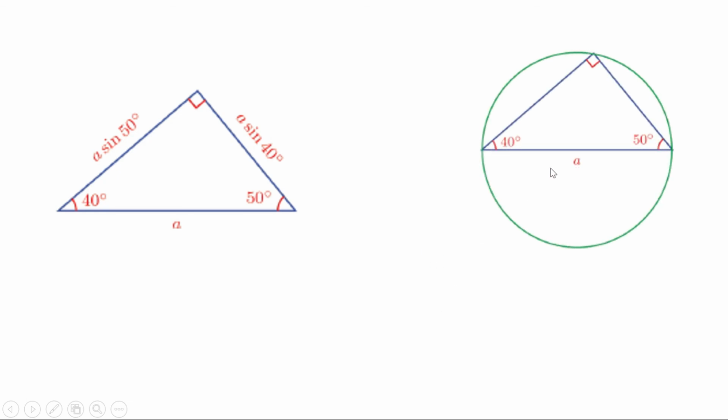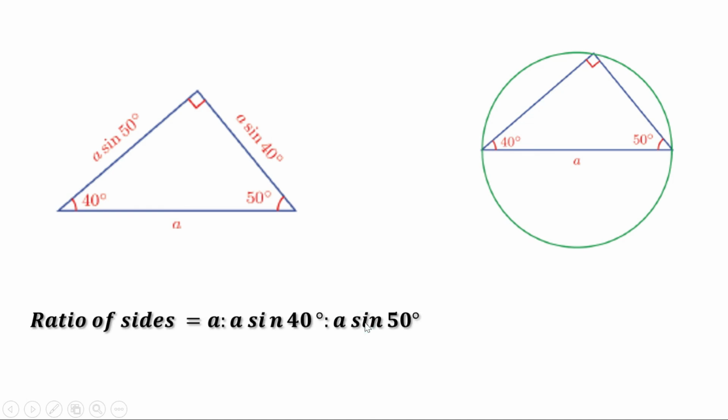This side is A and it is the diameter of the circle. This side is A sine 40 and this side is A sine 50. Therefore, the ratio of the sides is A is to A sine 40 degrees to A sine 50 degree. When we divide each term by A, we can write this as 1 is to sine 40 degrees to sine 50 degree.